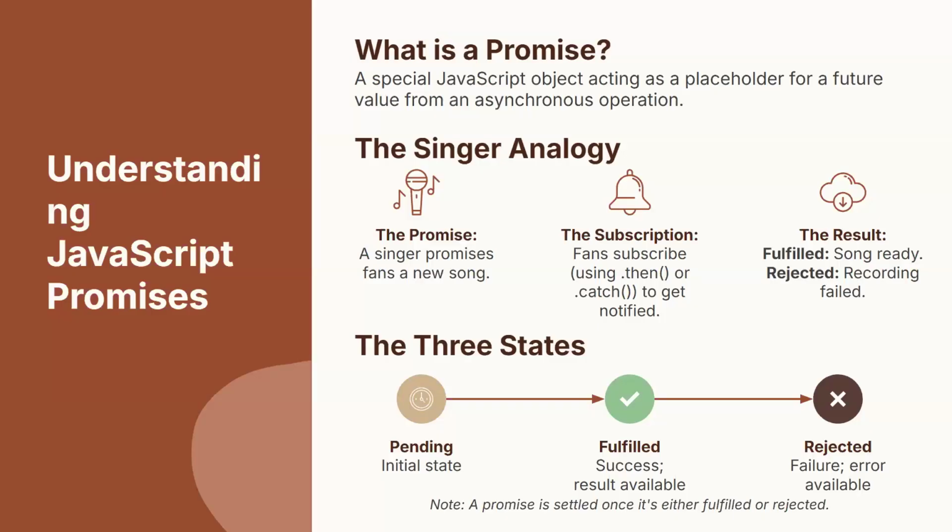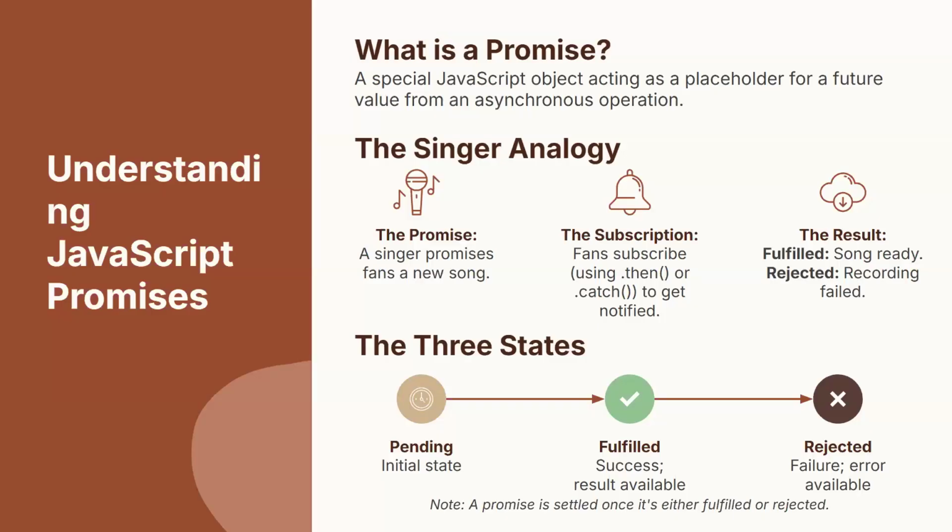So they subscribe with their email, and that's using either the then method or the catch method, so that they get notified as soon as the song gets released. And when the song is ready, everyone gets it automatically. If something goes wrong, they all would get notified of that particular failure.